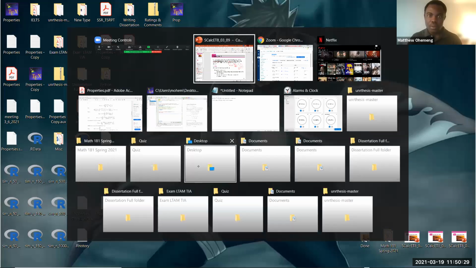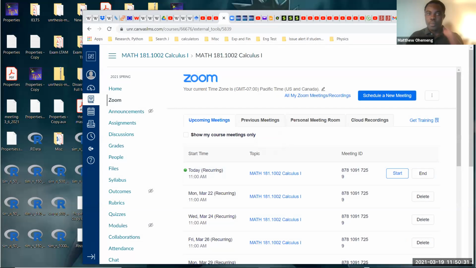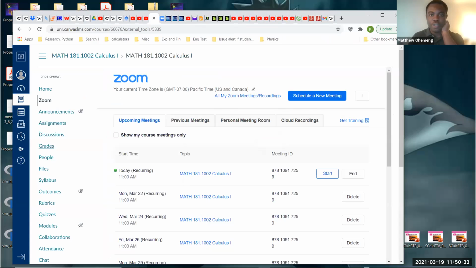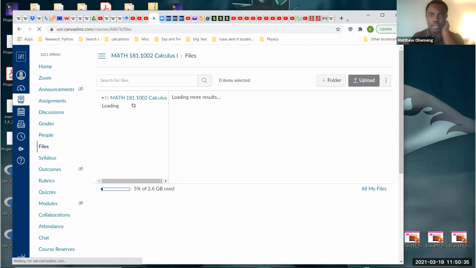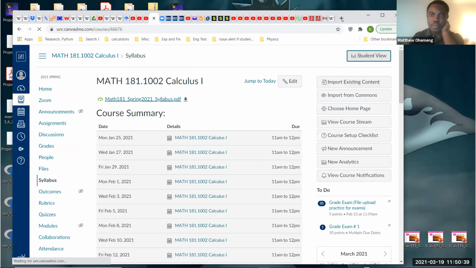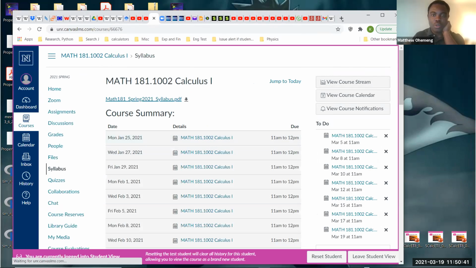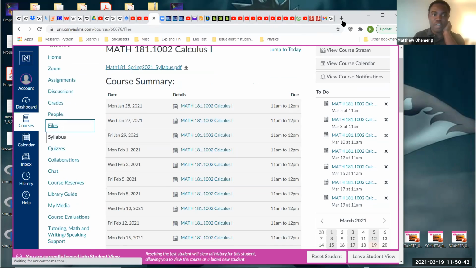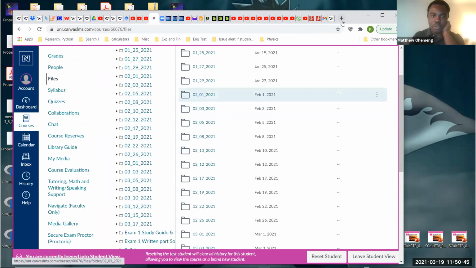Okay, so when you come to files, I think they have student view somewhere. Student view, yeah, so that's how you see it. Just go to files and scroll down.